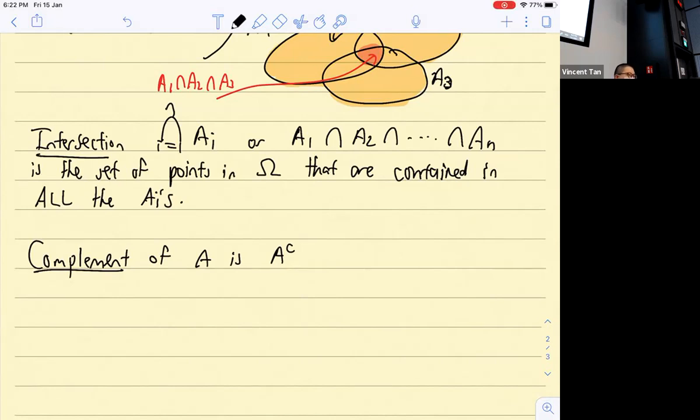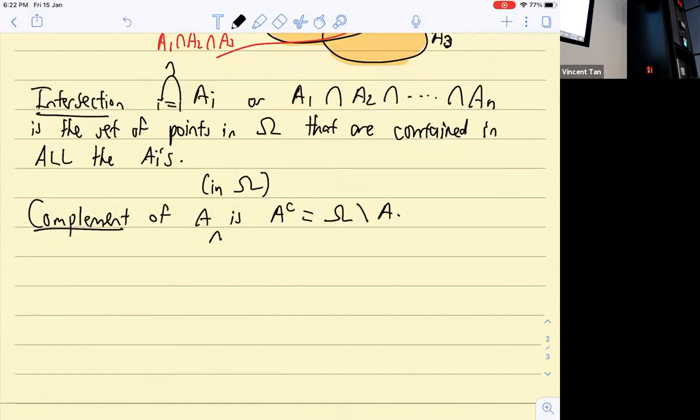Does A live in B, or does A live in omega? To make things clear, we write omega set difference A, the set of all points that are in omega but not in A. That is the complement of A. If we want to be really pedantic, we say the complement of A in omega. This is better.